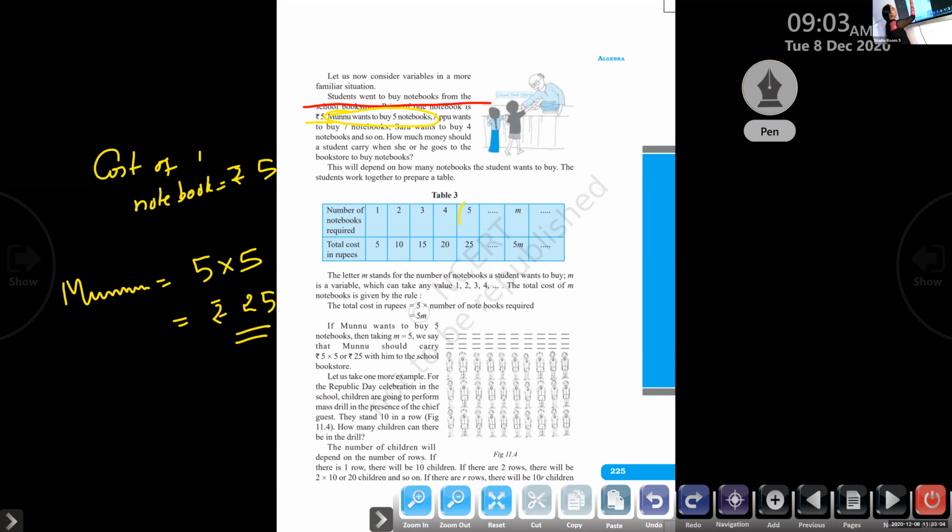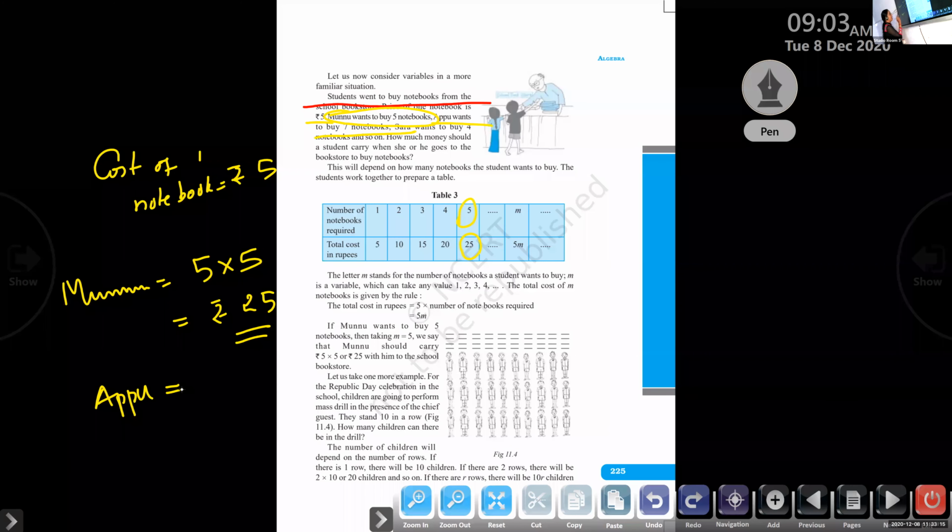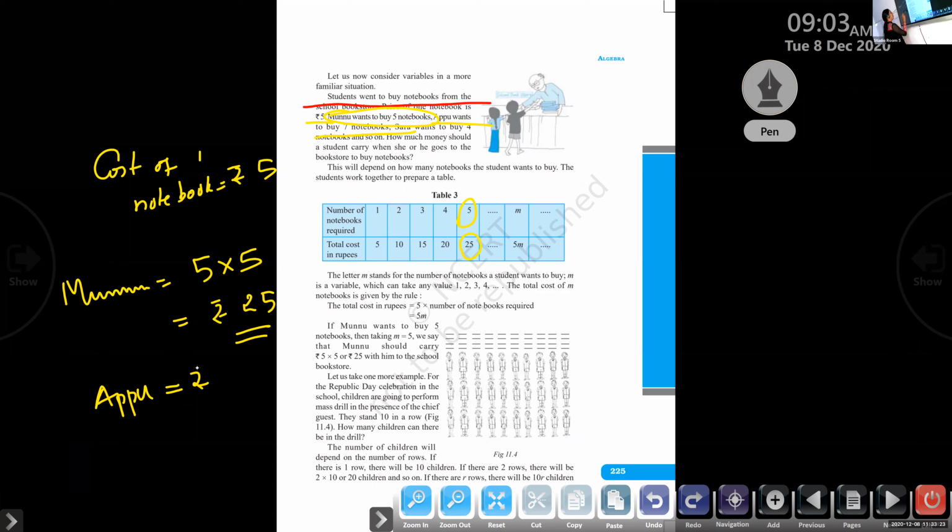Clear, children? Again, Appu wants to buy 7 notebooks. So which is fixed there? Which varies there? The number of notebooks, right? What is the fixed value? 5 is fixed.